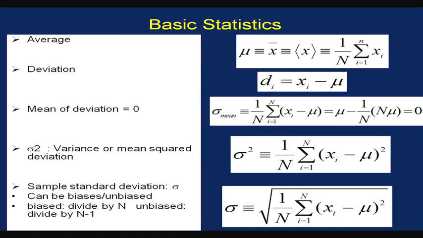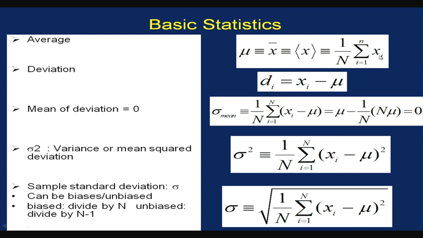Let us now talk about some basic statistics. First, average. So, if we take a particular reading n times and each time I have the measured values indicated as xi.